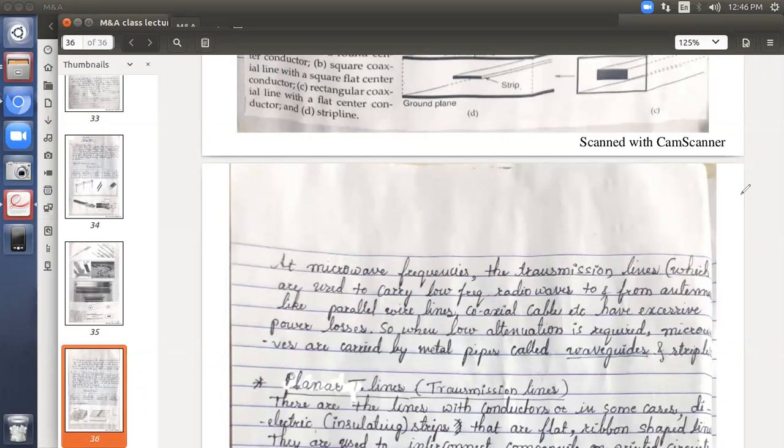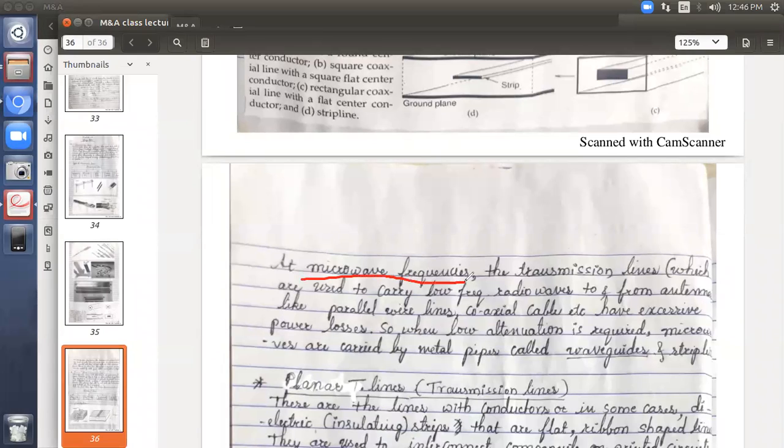When we started with the open wire line, it suffered certain disadvantages, some demerits were there. So as a continuity, we kept on inventing different things, how we can reduce the losses, how we can achieve more efficient transmission. So even in the transmission lines, we have this evolution.